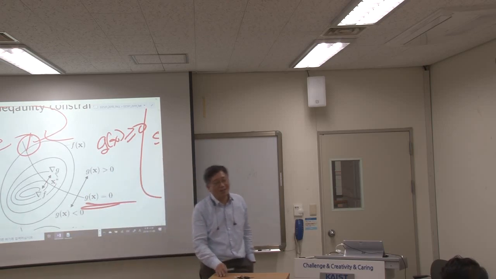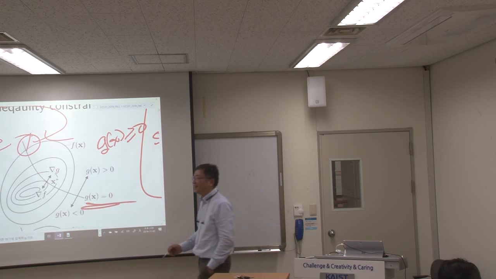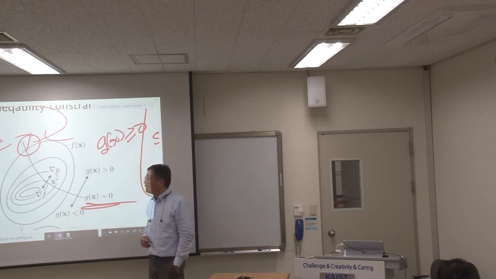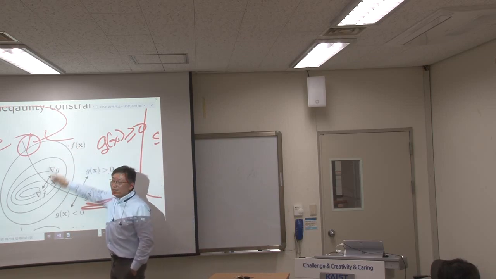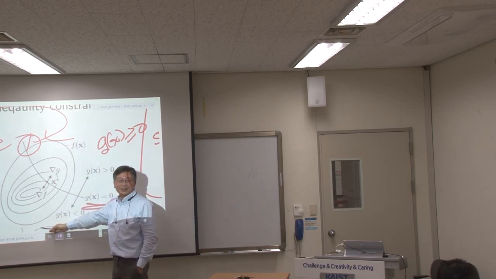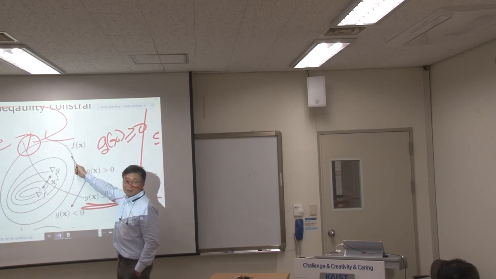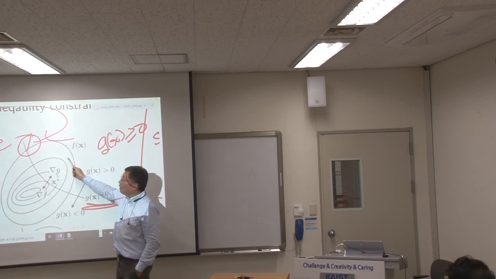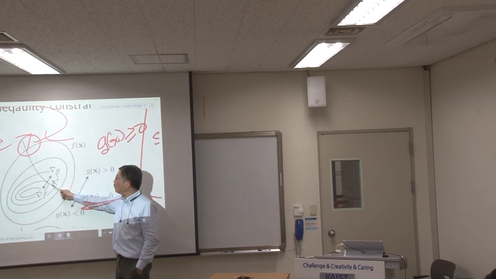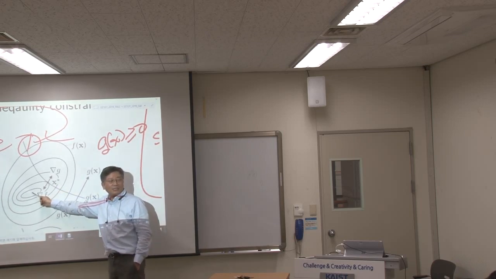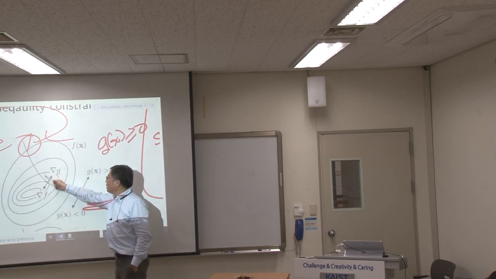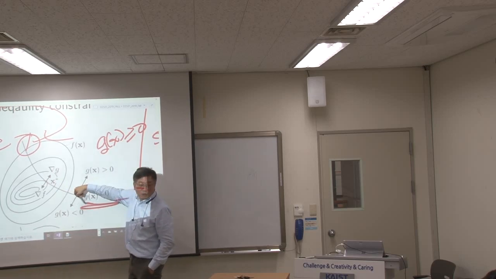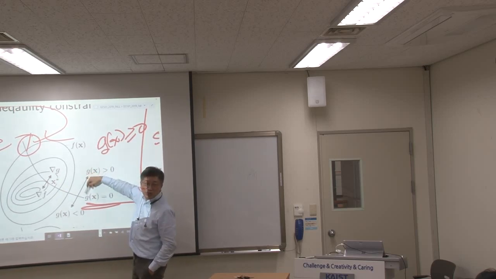It's not difficult. What don't you understand? Let's look at this. This is a contour plot of f(x), right? f(x) equal 1, f(x) equal 2, 3, 4, 5, and the maximum point is here. I haven't drawn all the contour plots for g(x).